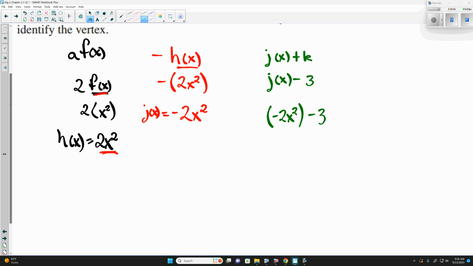So at this point, we can drop the parentheses and combine like terms. Well, there are no like terms to combine because negative 2x squared and negative 3 are not like terms. So we leave this here. But that's it there.